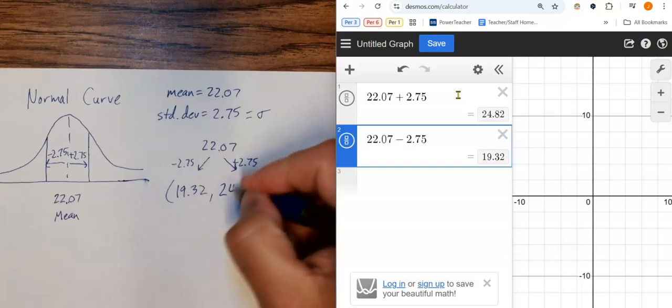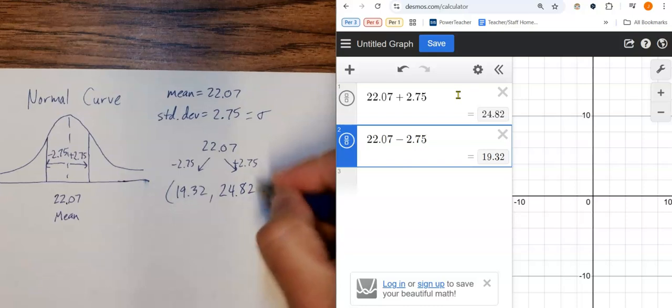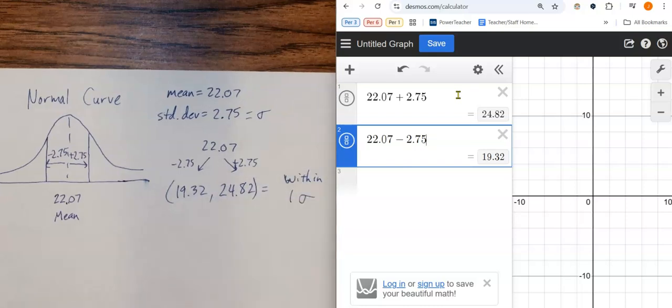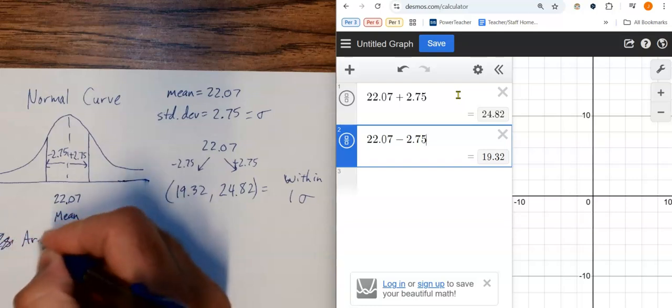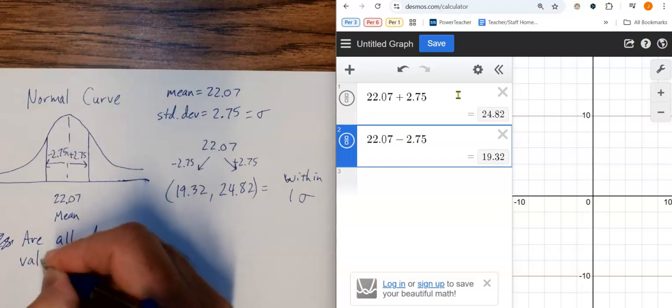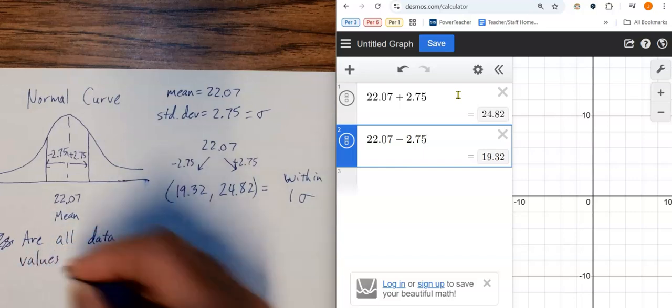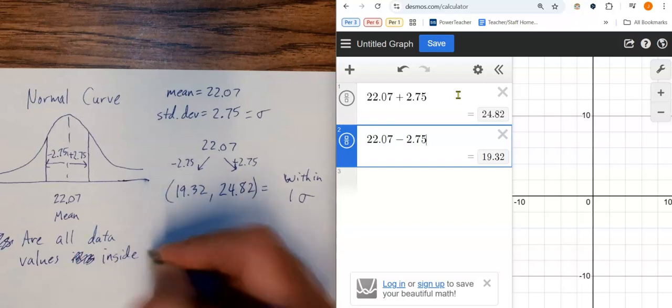So, we get 19.32 on the low end and 24.82 on the high end. So, are all data values inside this range?